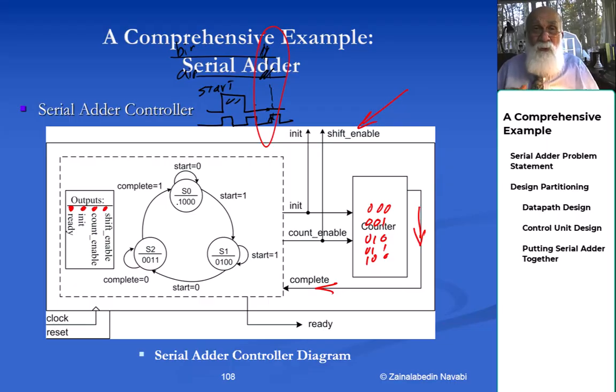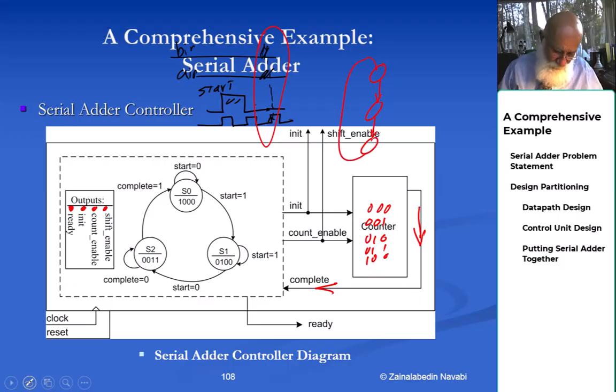My controller here, even though the circuit is very small, is not all that simple. Actually, my controller is a three-state state machine in which there is an 8-state machine that is activated.